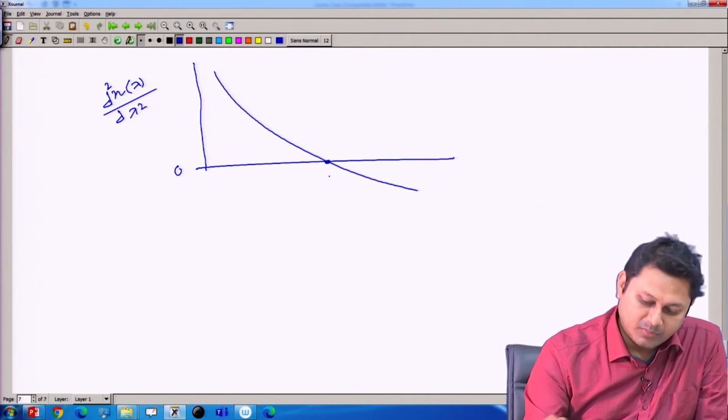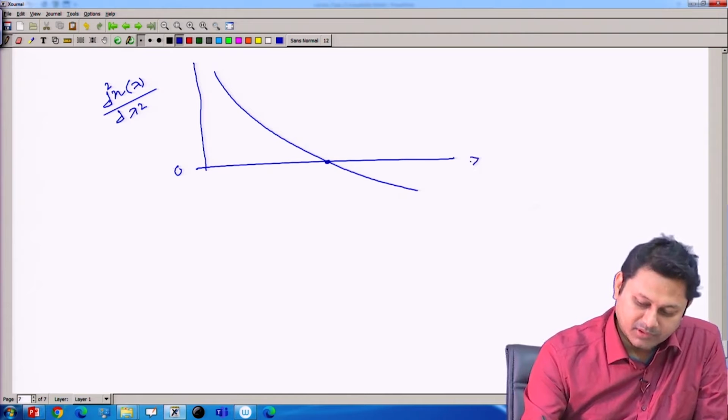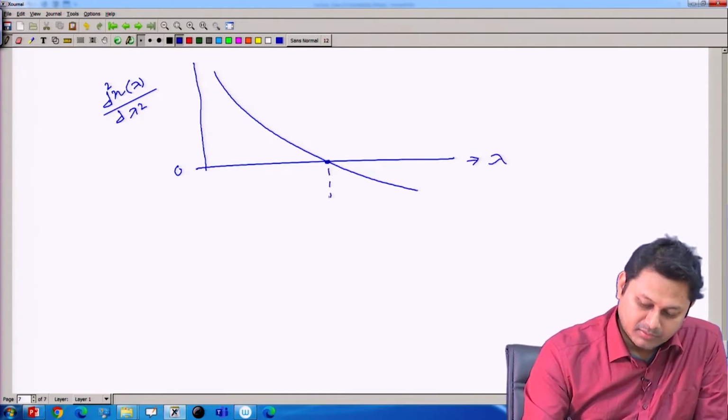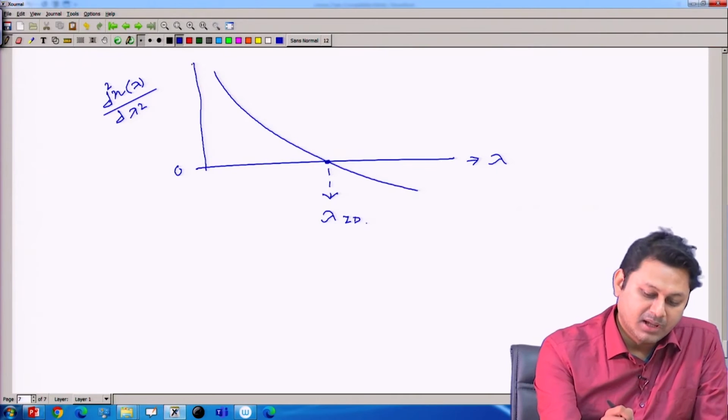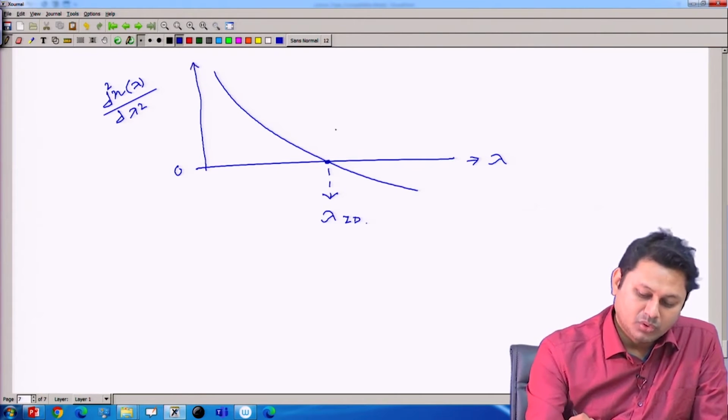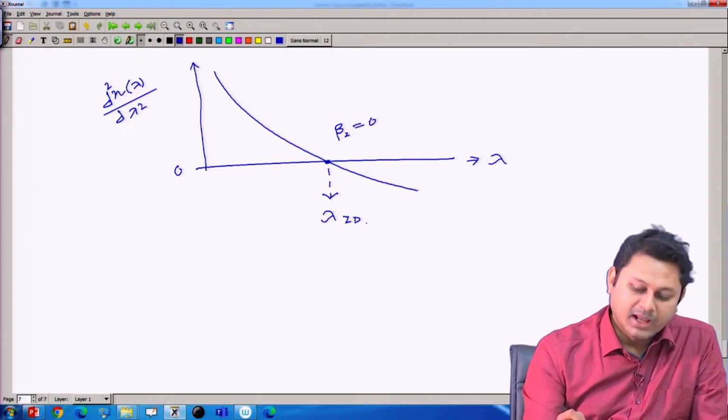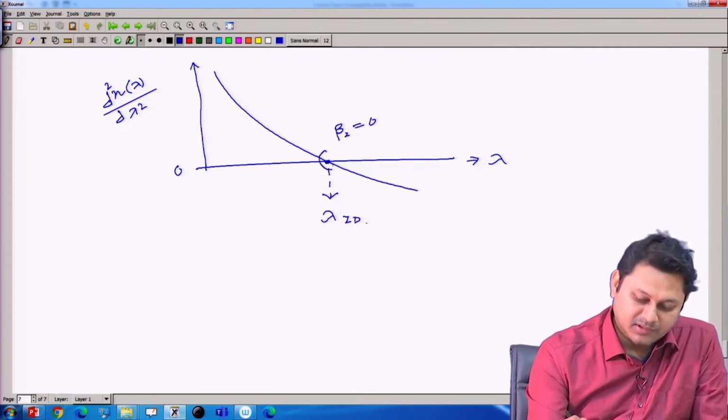When it cuts the 0 point, this lambda we call the zero dispersion wavelength. That means, at that particular wavelength, the consequence is beta 2 is 0 and there will be no such pulse dispersion at that particular wavelength.